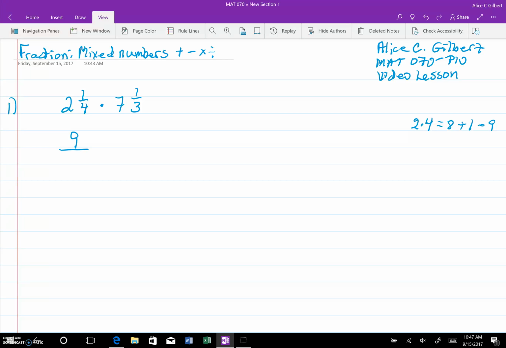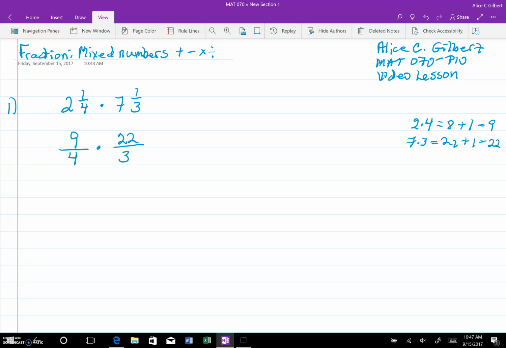And if you remember from the introduction, the denominator always stays the same. Now I'm going to do the same thing with 7 1/3. 7 times 3 is 21, and then I add the numerator, so that ends up being 22. That is our new numerator, and 3 is our denominator because we always keep the original denominator.